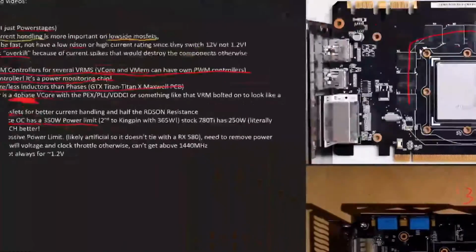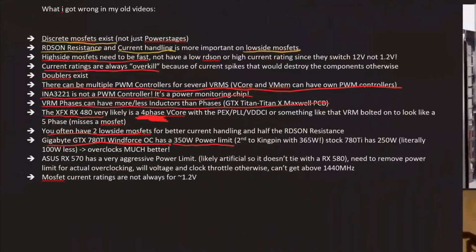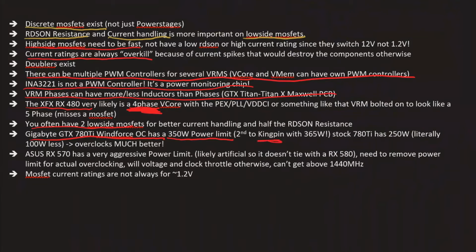And also a nice thing is the Kingpin BIOS, which is like the extreme overclocking BIOS for the 780 Ti, like the EVGA Classified Kingpin edition of the 780 Ti, that was the overclocking card for extreme overclocking, like not even water cooling, it is liquid nitrogen cooling and all those extreme things. That one had a 365 watt power limit.